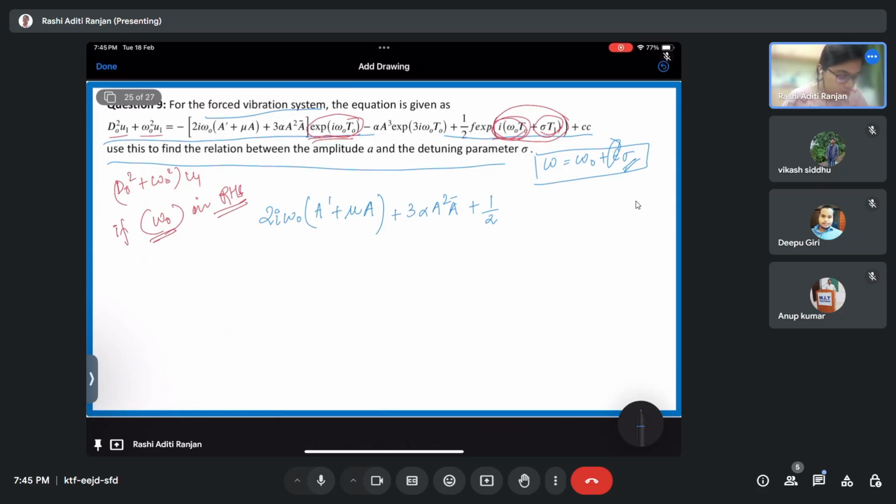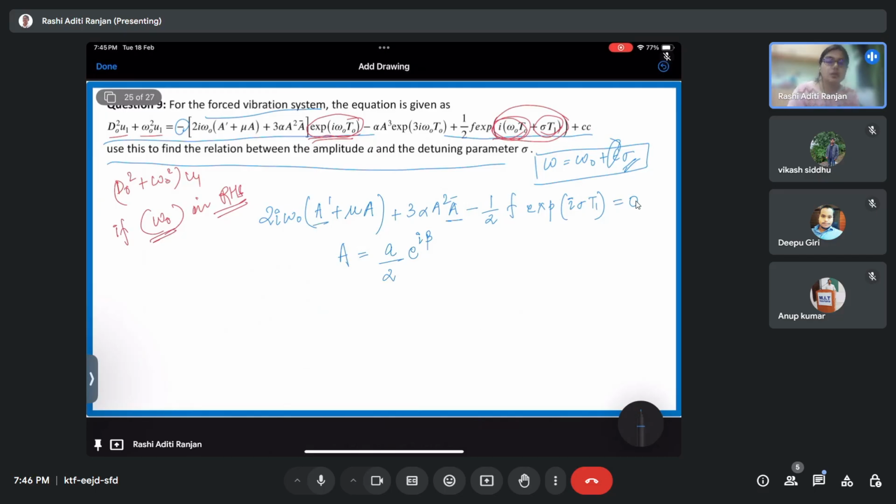Here it is a minus, so we will consider a minus over here. Minus f into exponential of iota sigma t1 is equal to 0. So what if I assume that my a is nothing but a by 2 e to the power iota beta? If I consider it in this form, then I can find out a dash and I can also find out the a bar.